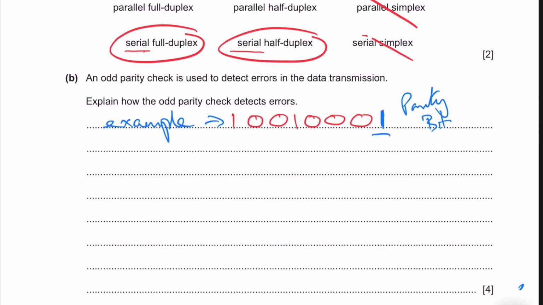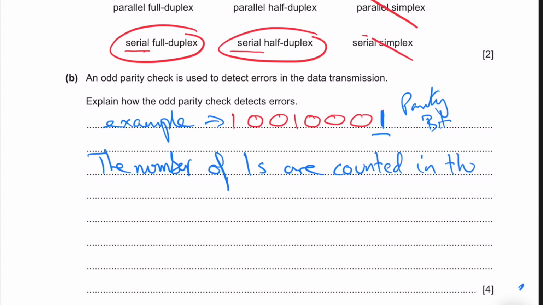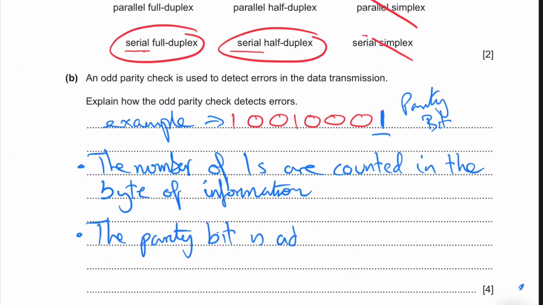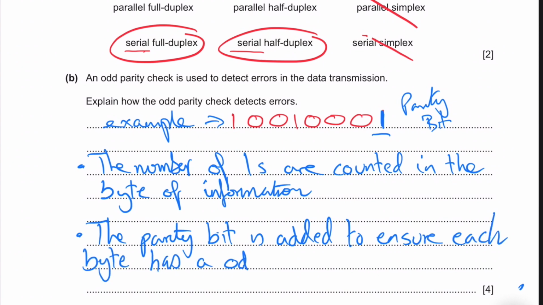What it's going to do is count the number of ones in the byte of information. The parity bit is added to ensure each byte has an odd value total. So there's my example. This would equal 3 ones, which would equal odd.